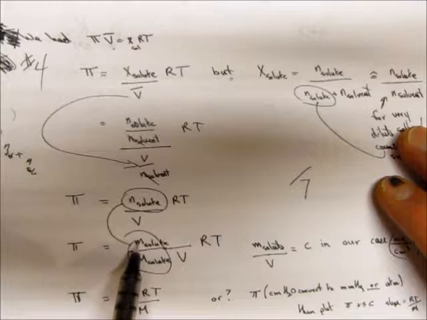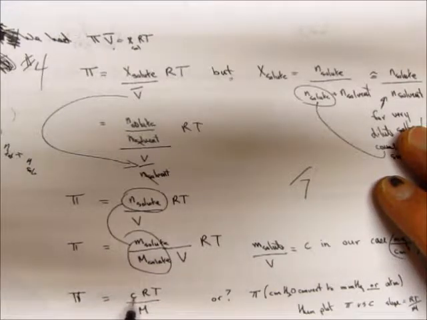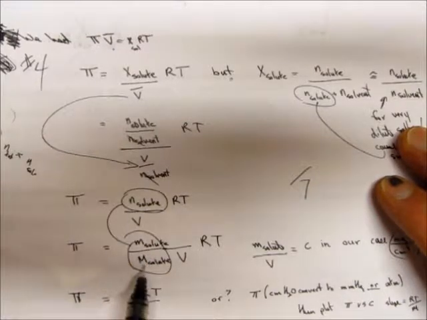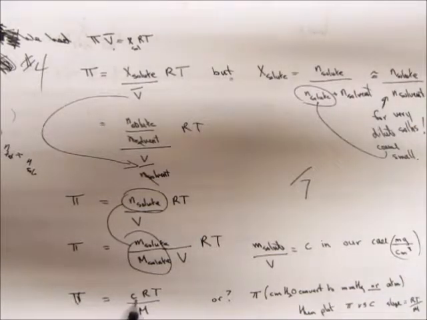So you see how you have m over V. That's concentration in terms of things like grams per mL, right? And you leave that M down there. So this is one popular way of writing osmotic pressure in terms of the concentration of something in grams or milligrams per liter or milliliter.